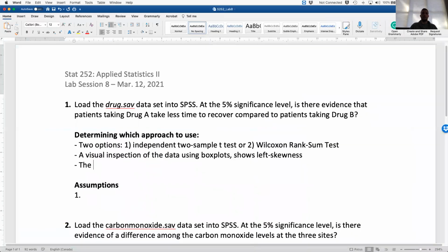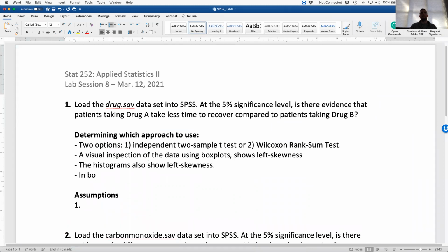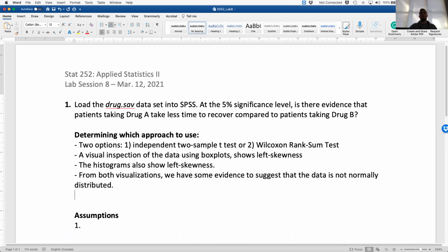So the histograms also show left skewness. From both visualizations, we have some evidence to suggest that the data is not normally distributed.